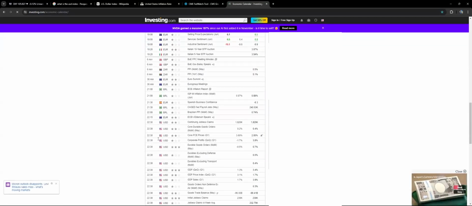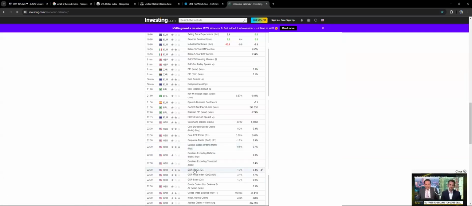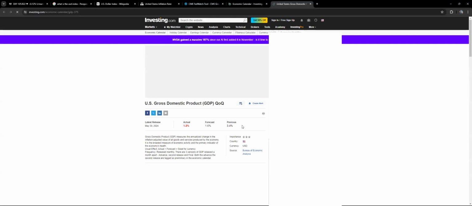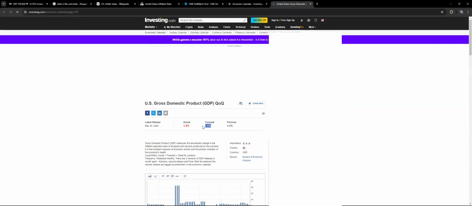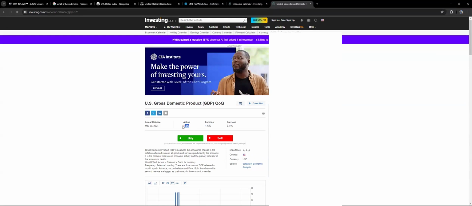So we had at 10:30 p.m. tonight, the GDP quarter one. And let's open it up. The forecast is at 1.3. All right. Why did the actual come at 1.3?